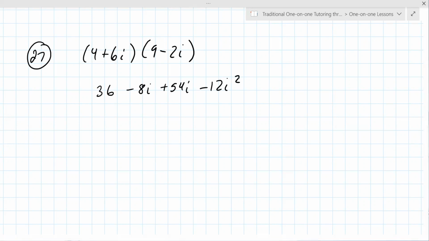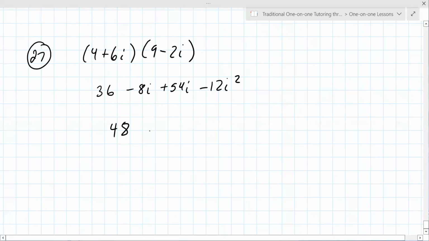That's where I messed up. So is it 46i plus 48? You have to put the number first, 48 plus 46i.